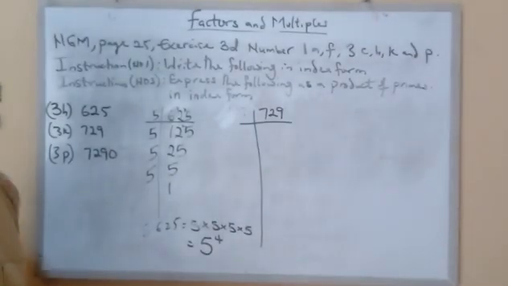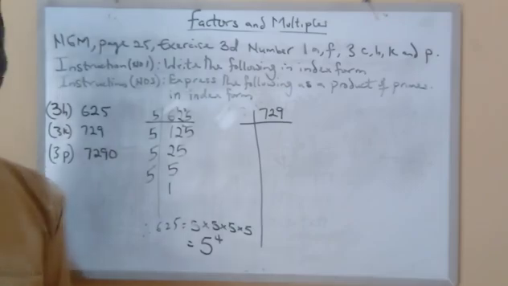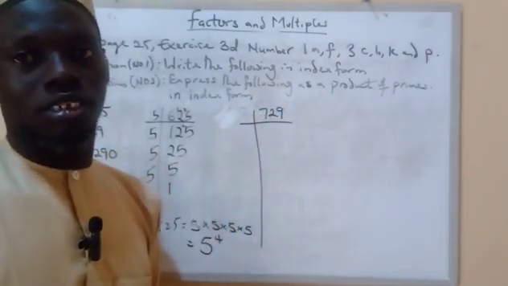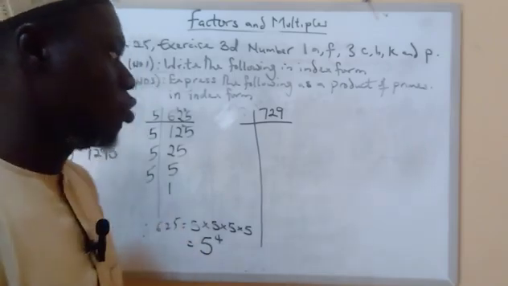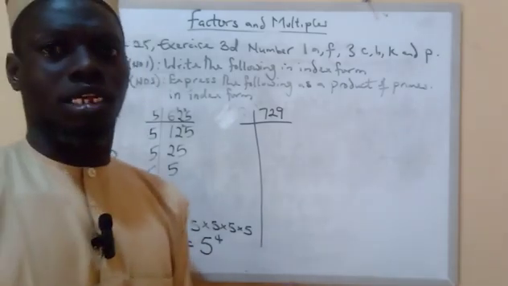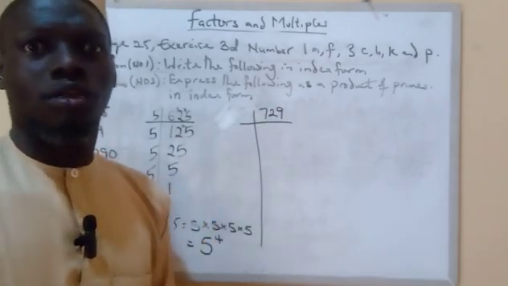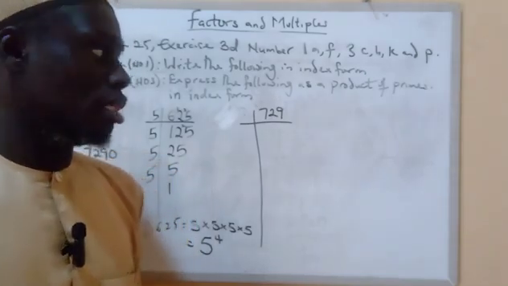When you look at it, 2 cannot be used here. The number is not divisible by 2, because the last digit is not 0 or an even number. But when you look at the rule of 3, adding the digits will give us a number that is divisible by 3. Let's see.